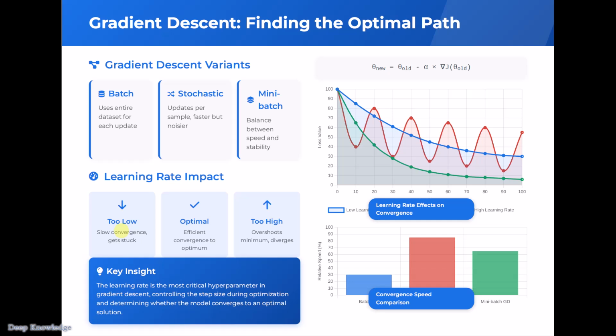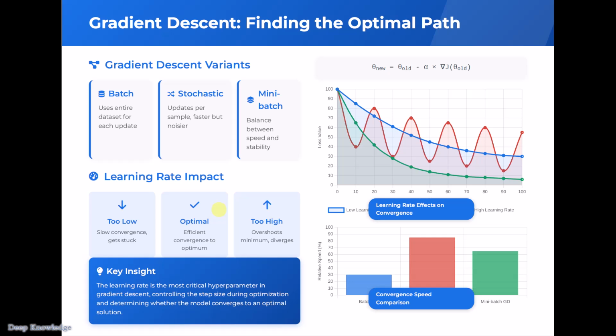And if it's too high, you will overshoot the valley. Maybe you will move in another direction, and might never converge. But when it's just right, you glide smoothly to the minimum with efficiency and precision.